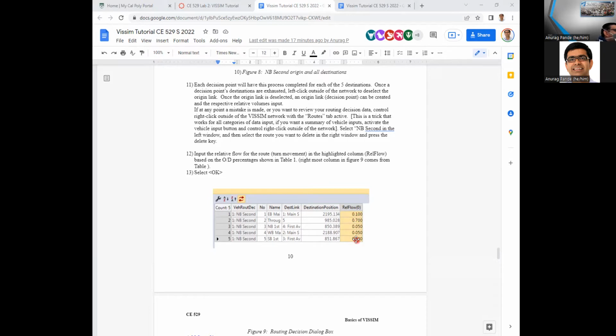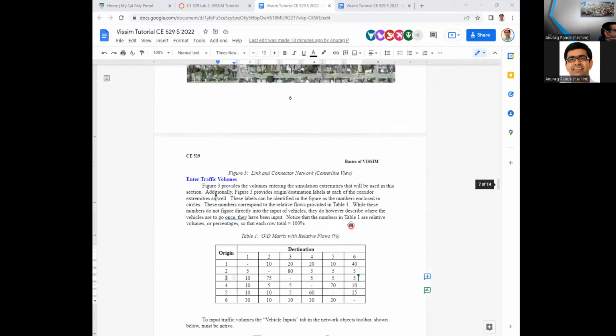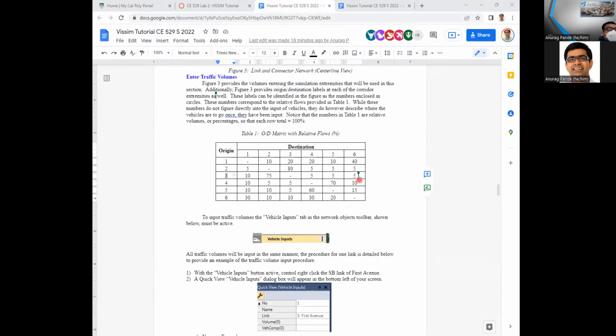Now, you might be thinking, why do these relative flows look like such small numbers? That's the thing about VISSIM, it only cares about the relative ratio of the numbers here. So for example, if these are the numbers you are trying to enter, like 10, 75, 5, 5, and 5, if you divide everything by 5 and enter 2, 15, 1, 1, and 1, the end result would be the same.